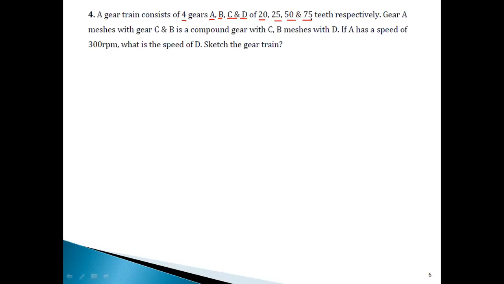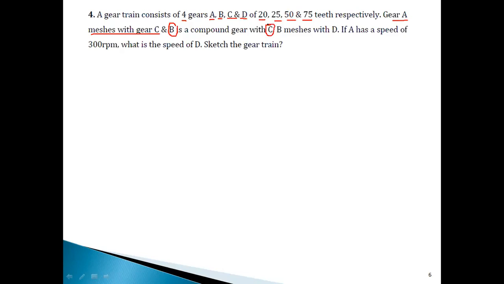Now a very important point: the gear arrangement is A, B, C, D, but he says gear A meshes with gear C, but B is a compound gear with C, which means gears B and C are a compound gear.